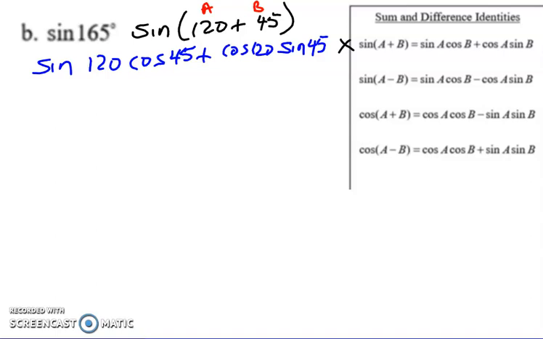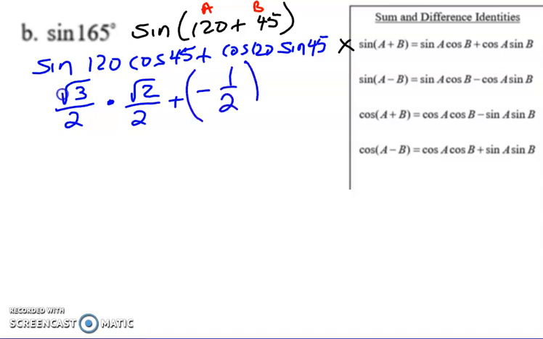So the sine of 120 is going to be square root of 3 over 2. The cosine of 45 is going to be square root of 2 over 2, plus cosine of 120. It's going to be negative because it's in quadrant 2. So the cosine of 120 is negative 1/2 rather.